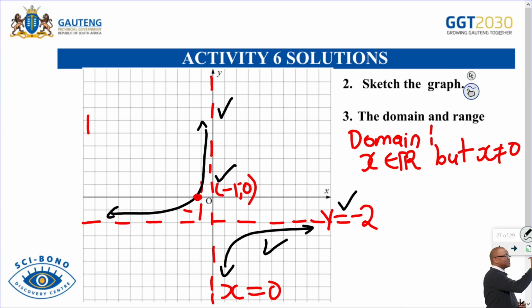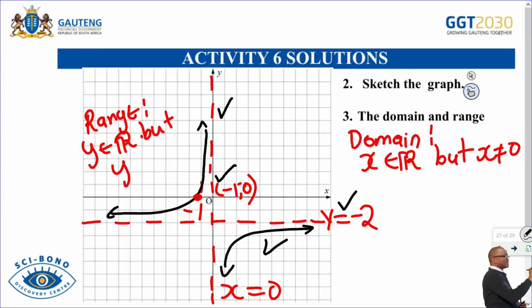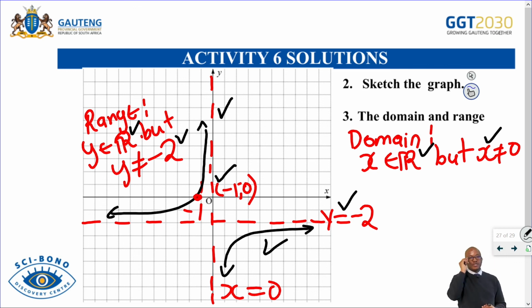The range, y is an element of all real numbers, but y can't be -2. So that's where you get your marks. 2 marks here, 2 marks there. That's how you get the marks for the range and domain of this particular graph.